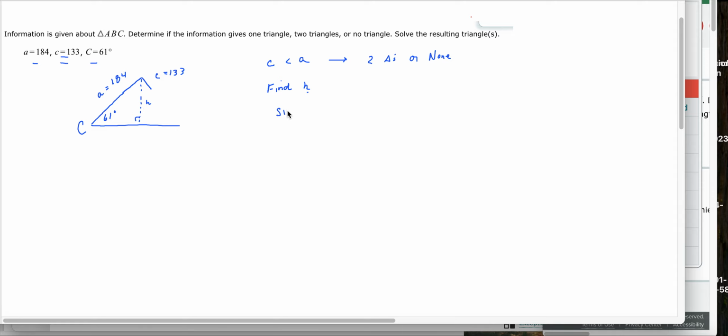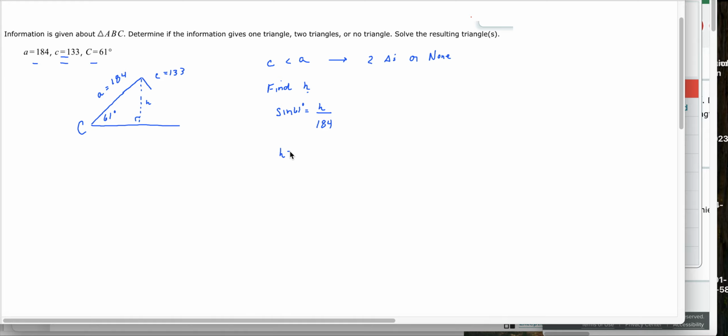So I can say sine C is equal to, or let's just call that 61, we know what that is. So sine of 61 degrees is equal to H over 184, the hypotenuse there.